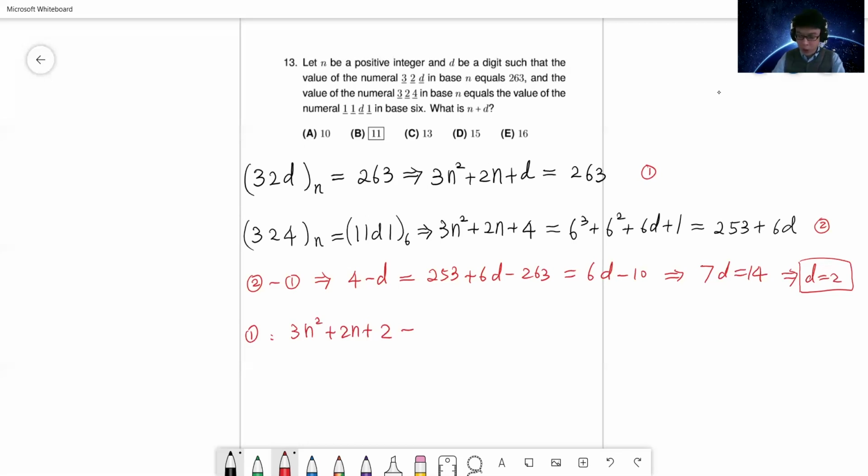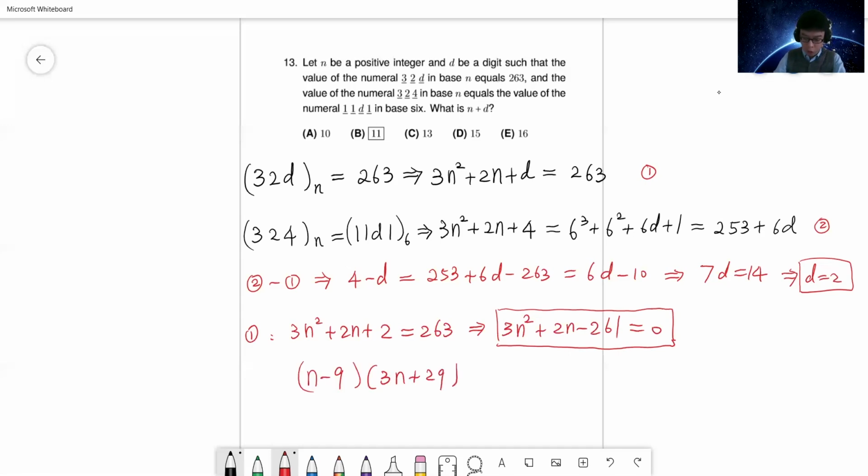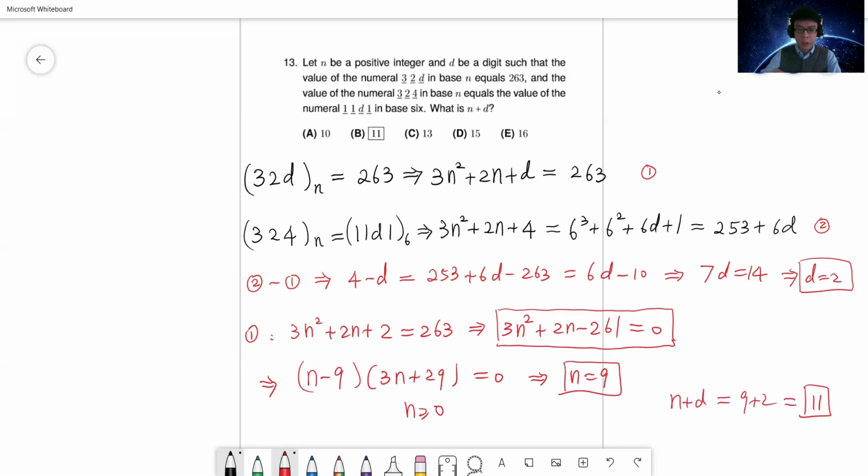This is a quadratic equation on n, and we can see this can be factored into n minus 9 times 3n plus 29 equals 0. And n is positive, so n must be equal to 9. So finally, we have n plus d equals 9 plus 2 equals 11. So the answer to this question is 11, we choose B.